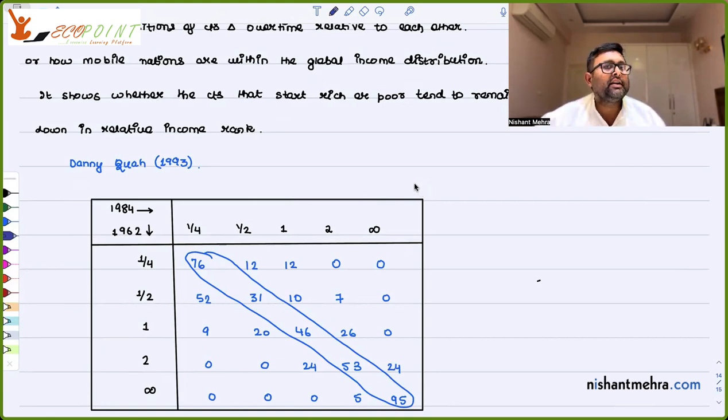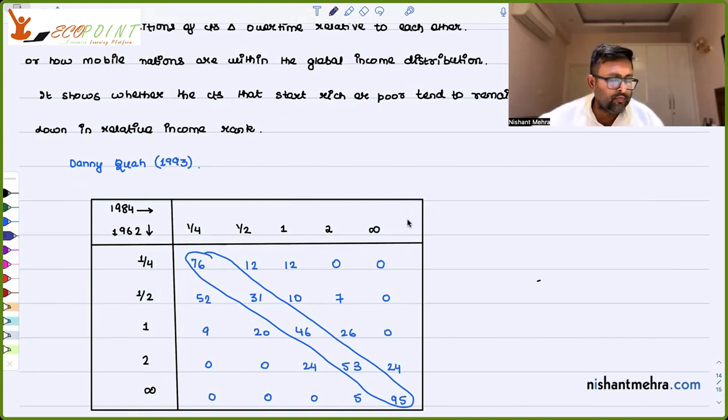They remain the same as they were in 1984. Read 31. What is this telling you? 31% of the countries, of the sample which he has taken, were earning half of the world average in 1962, and they are still earning half of the world average in 1984 also.